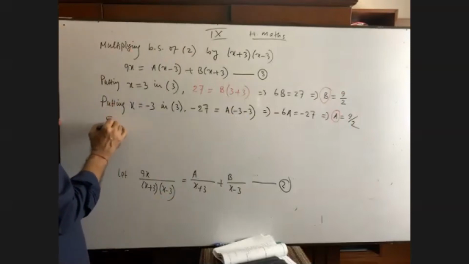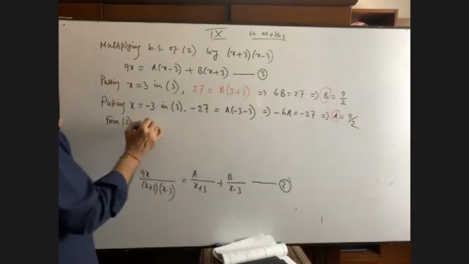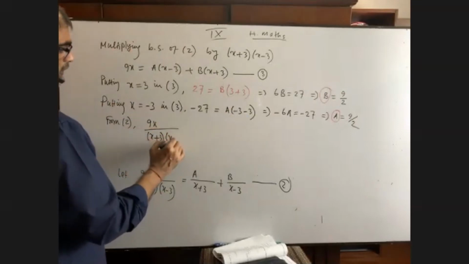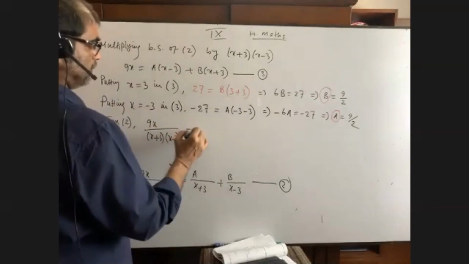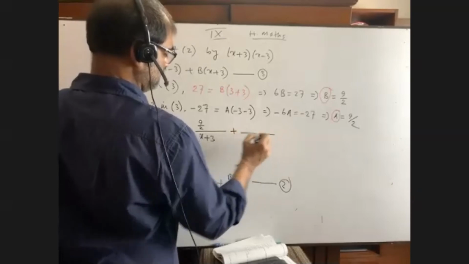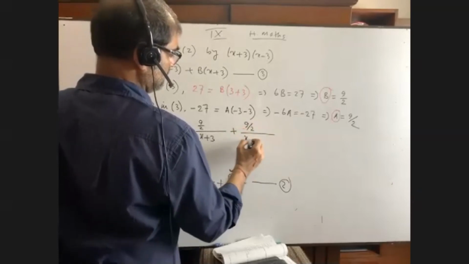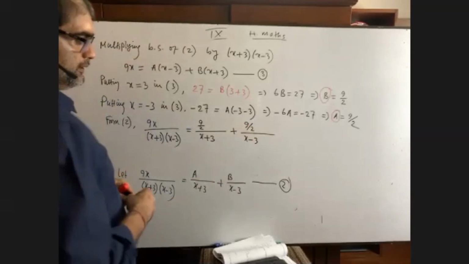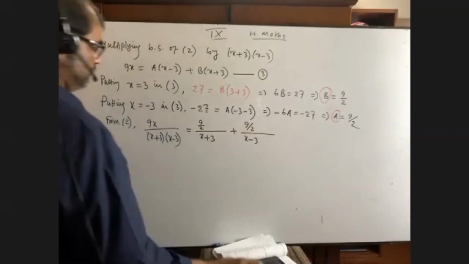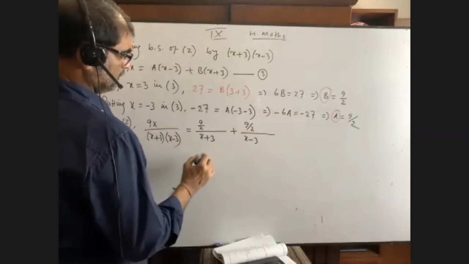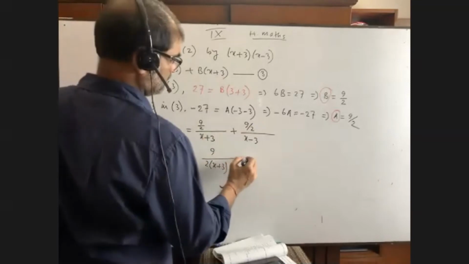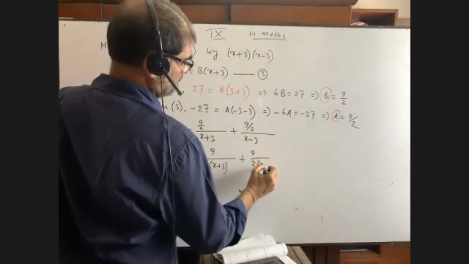From 2 we get 9x by x plus 3, x minus 3 is equal to 9 by 2 into x plus 3, plus 9 by 2 into x minus 3. In 2 I have put the values.